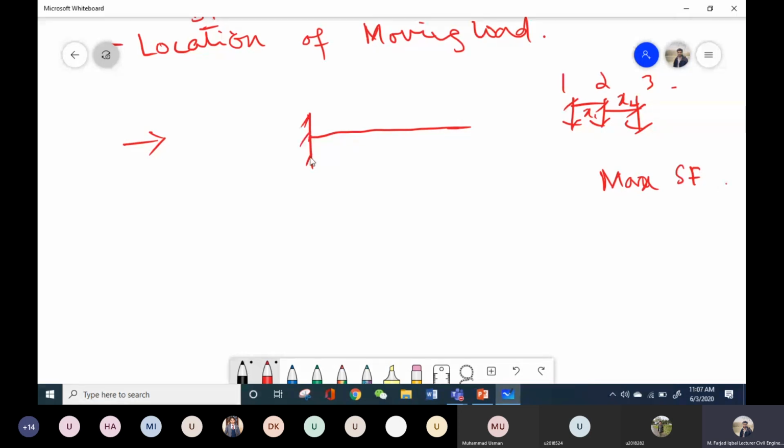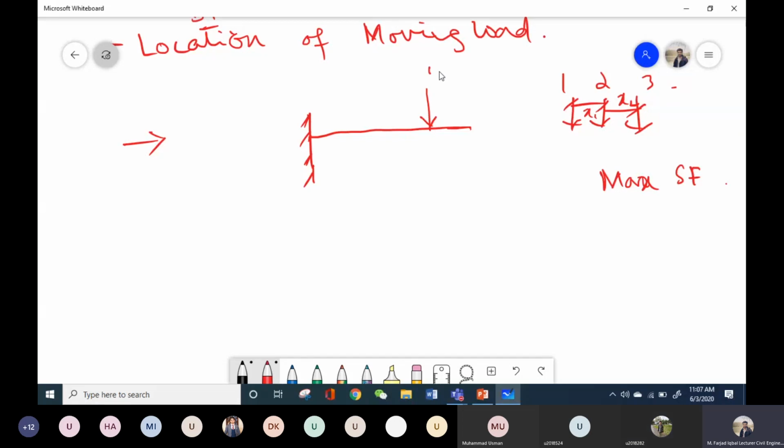So can anyone tell me where will be the maximum shear force in this cantilever beam? On the right side. On which side? Right side. This side. Are you sure? Yes, sir.